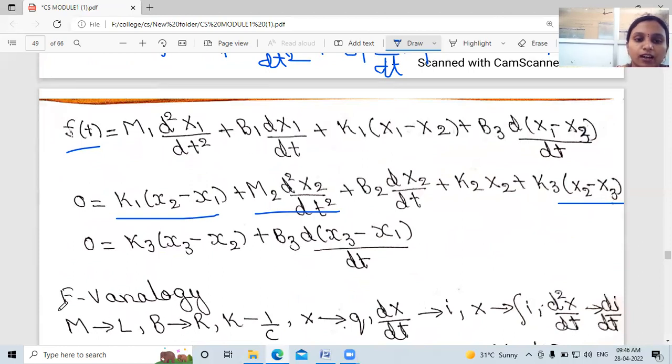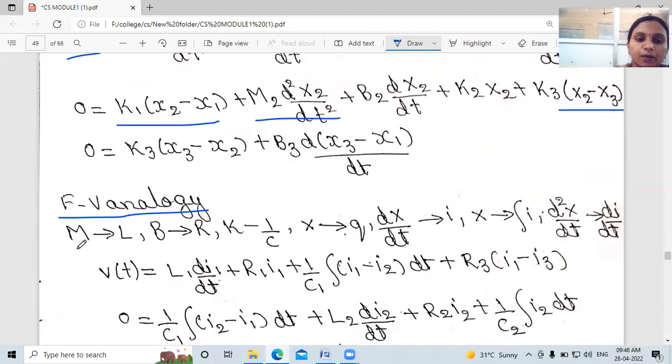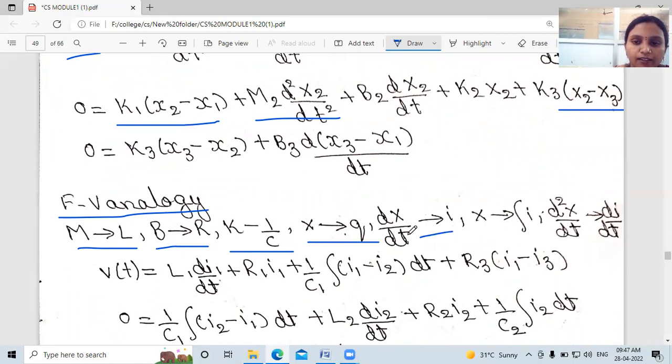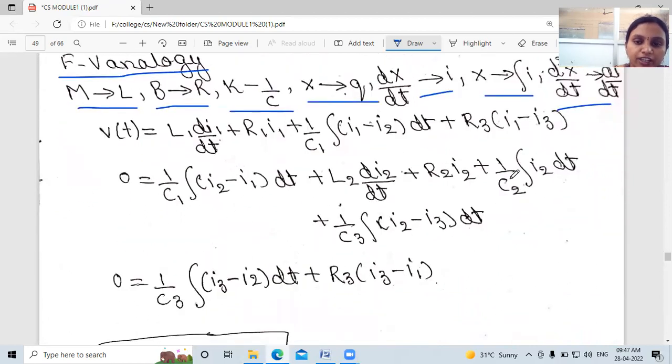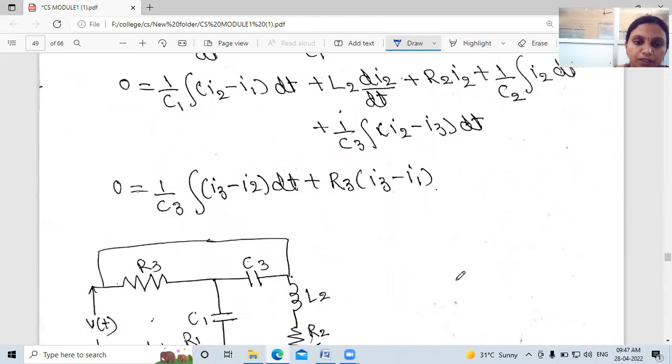Force voltage analogy. M is replaced by L, B is replaced by R, and K is replaced by 1 by C, and X is replaced by Q. Next, dx by dt is replaced by I. If you differentiate this one, you'll get this one; if you integrate this one, you'll get x, that is integration of I. So replace the terms, three equations you need to replace.